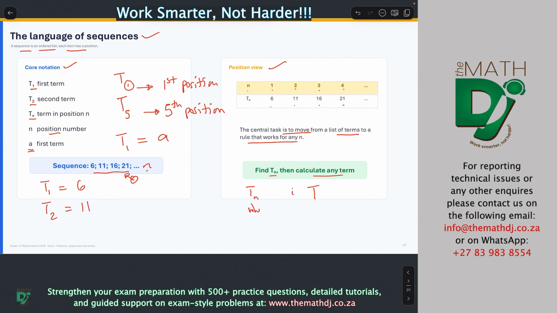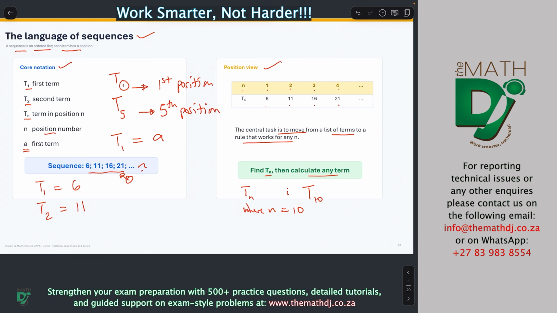So here we're just familiarizing you with the language of sequences so that you understand, but we're going to go into the arithmetic, geometric, and quadratic expressions, sequences and series, so that you can apply some of these. Here we're just introducing the core notations.